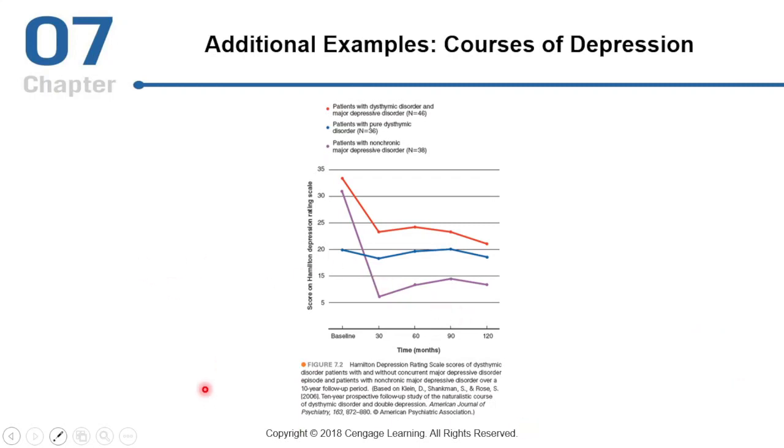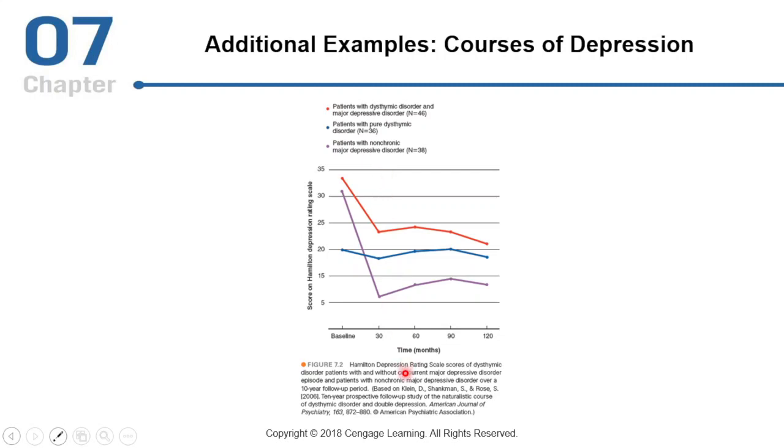Okay. Now, what you're seeing here is the results of the Hamilton Depression Rating Scale score for dysthymic disorder patients with or without concurrent major depressive disorder episode, and patients with non-chronic major depressive disorder over a 10-year follow-up record. So the red line, these are the patients with dysthymic disorder and major depressive disorder. The blue line is patients with purely dysthymic disorder, and the purple line is patients with non-chronic major depressive disorder.